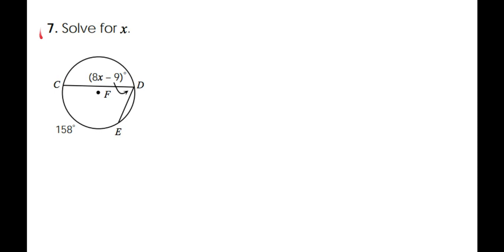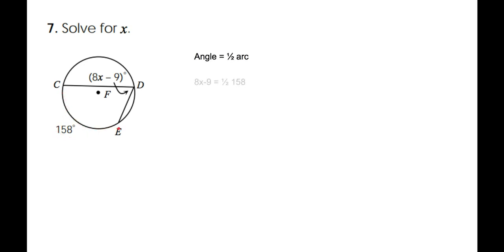All right, number 7. I know these numbers are out of order. It's because I'm taking it from your notes, and you'll do the other problems tomorrow. So we have 158, and we have 8x minus 9. Now, 8x minus 9 is referring to the angle. 158 is referring to the arc.